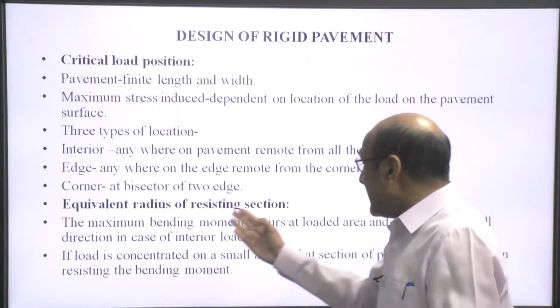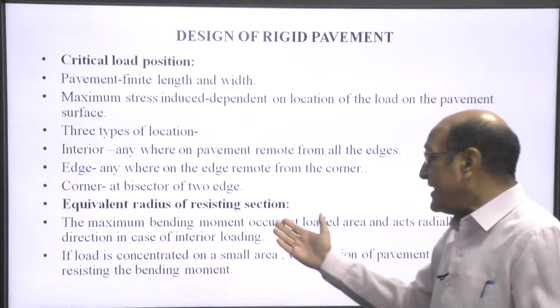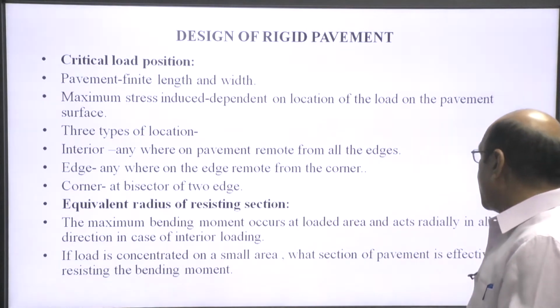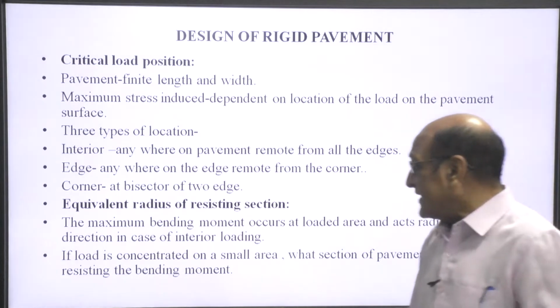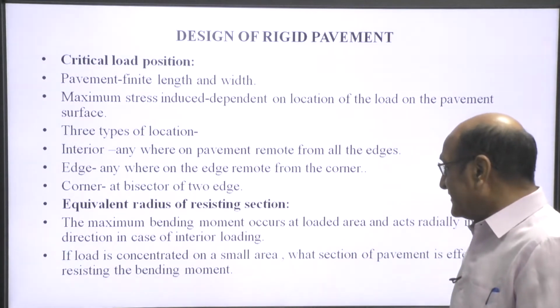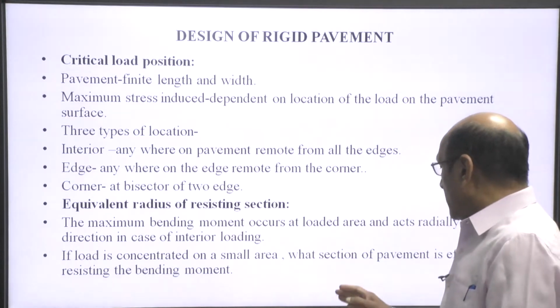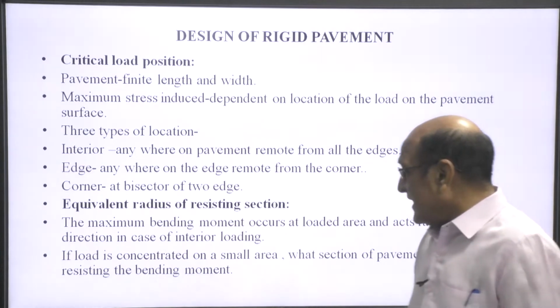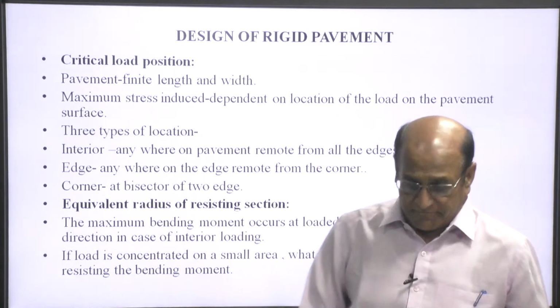Now, equivalent radius of resisting section. The maximum bending moment occurs at the loaded area and acts radially in all directions in case of interior loading. If the load is concentrated in a small area, what section of the pavement is effective in resisting the bending moment?